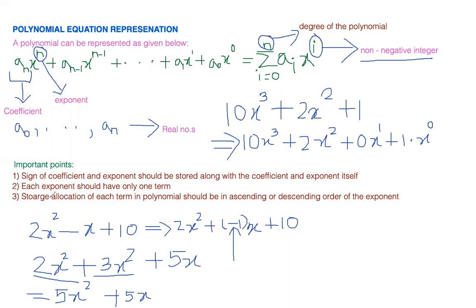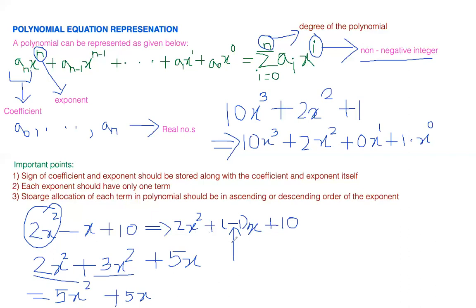The last is the storage allocation of each term. So each of these is known as a term. So a_n x to the power n or a_i x to the power i is known as a term in the polynomial equation. And if we have to store this in memory, it should be either in ascending order or in descending order.